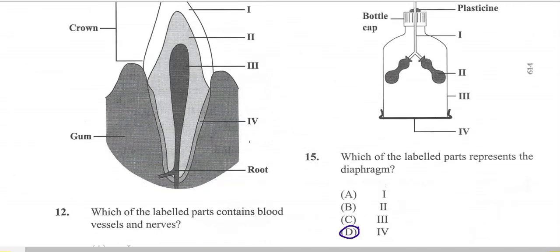We're supposed to answer which of the labeled parts represents the diaphragm, and that's going to be 4. Our answer here for 15 is going to be D. As soon as those balloons become inflated, D is going to move on down. So that makes it pretty much comparable to the diaphragm.